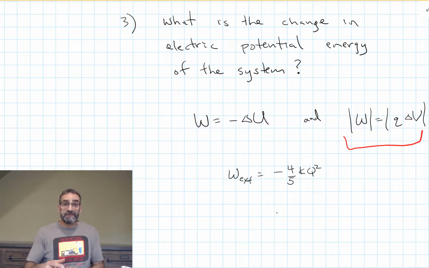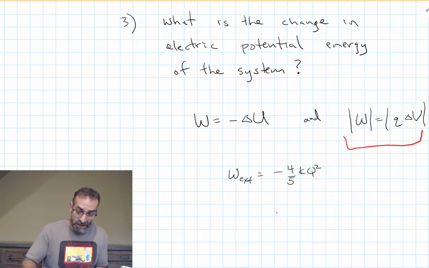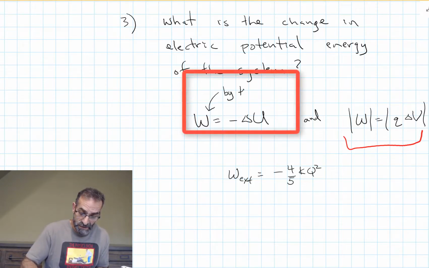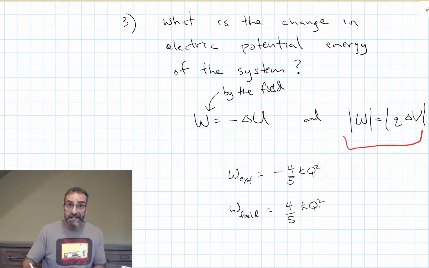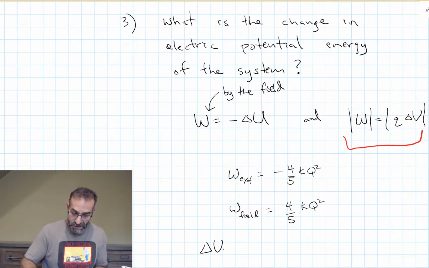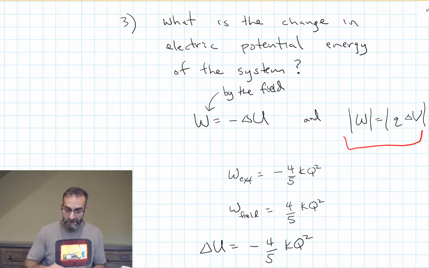Now, we don't want the work done by the external force. We want the work done by the field for this equation. This is the work done by the field. We plug that into our equation, we get delta U is minus 4/5 kq squared.